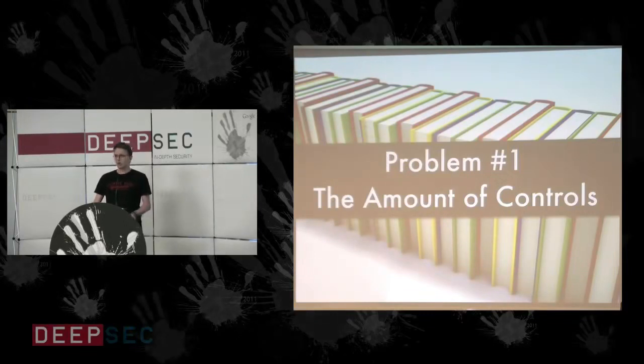Usually you don't know how these controls affect you in your current environment or your company, and usually these change, and you don't really get it when they change, so you lag behind a version or two or whatever. So it's just too much.